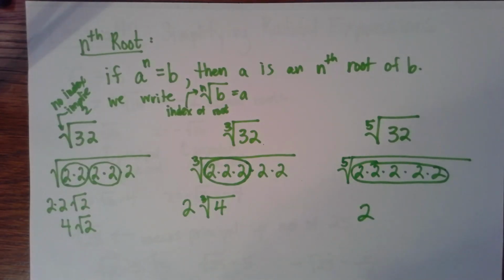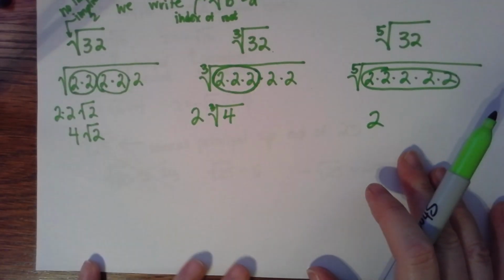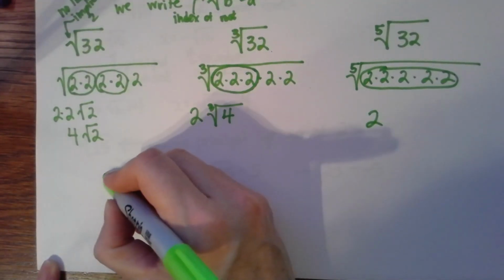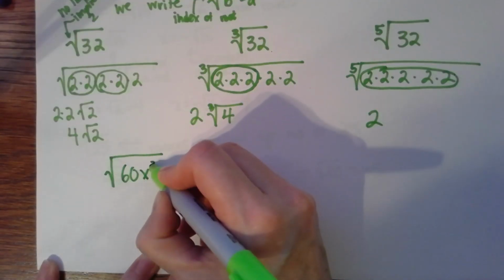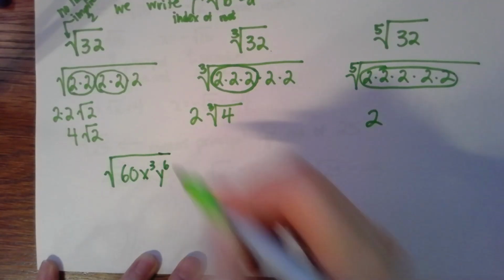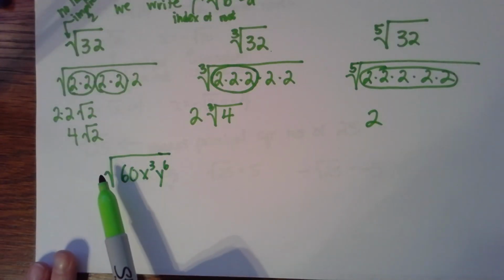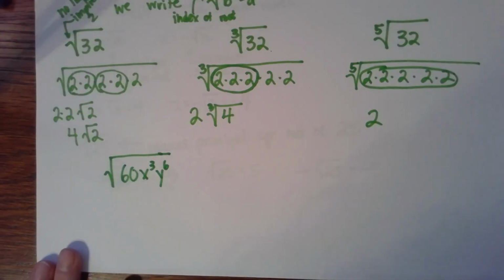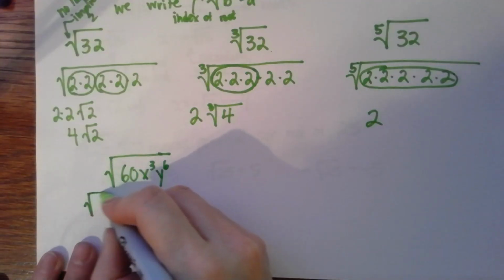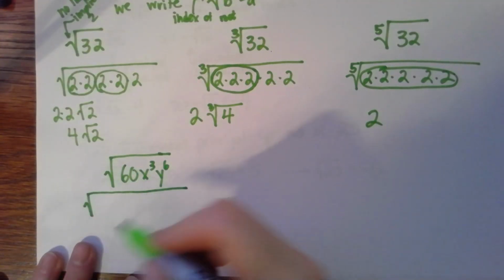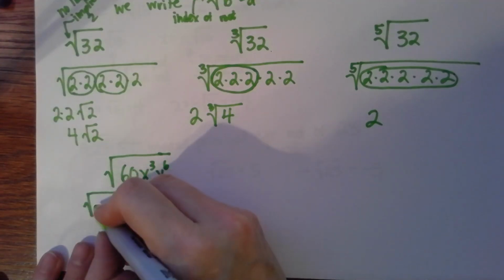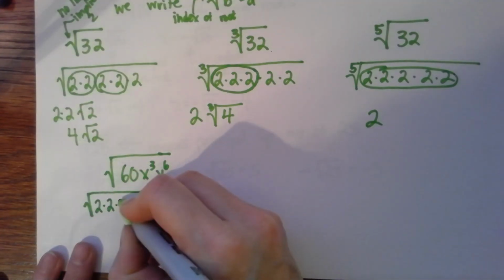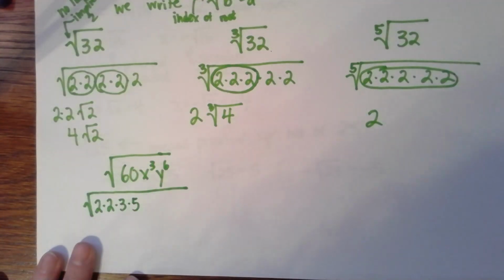Let's try a couple more examples of these. Let's say that I wanted to simplify this radical, the square root of 60x cubed y to the 6th. So I'm going to be looking for groups of 2. 60 is 4 times 15, or 2 times 2 times 3 times 5.